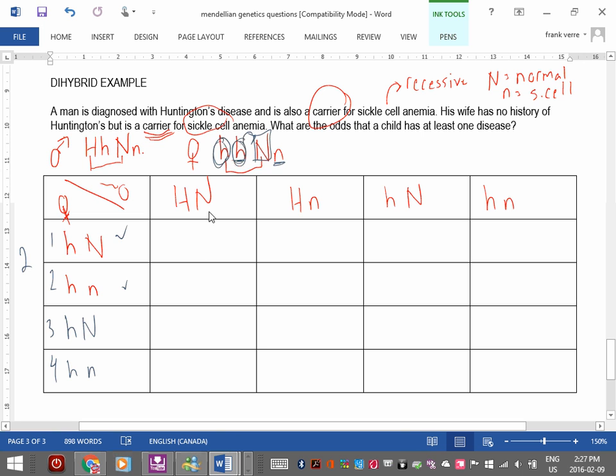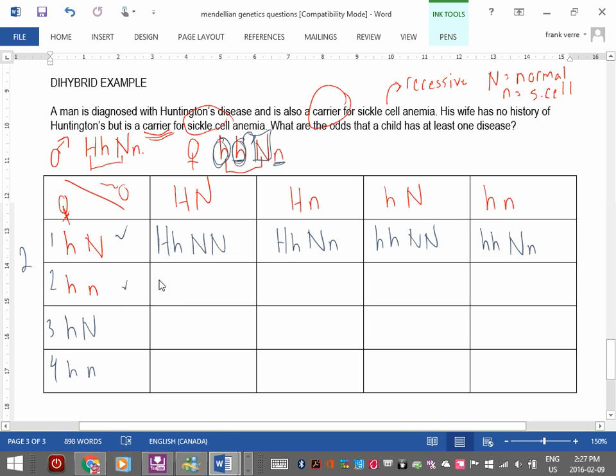So let's take a look at here's a potential zygote. What would the code be? Big H, little h, big N, big N. This one? Big H, little h, big N, small n. This one? Little h, big N with big N. And this one? Alright.